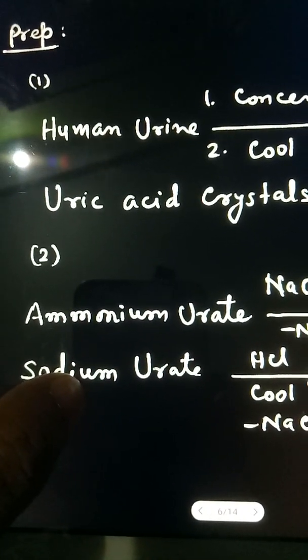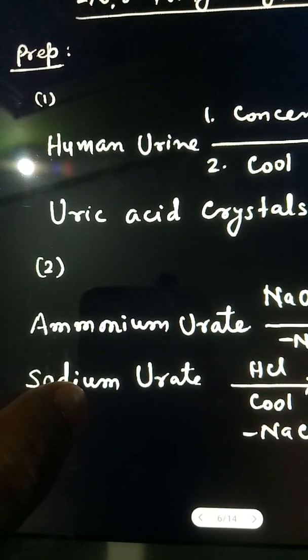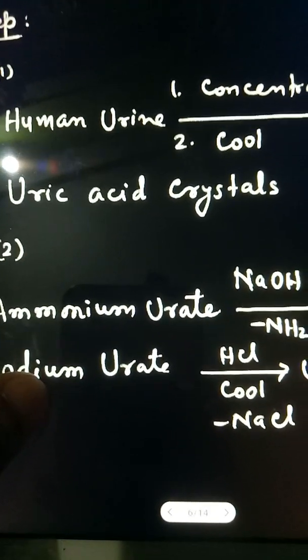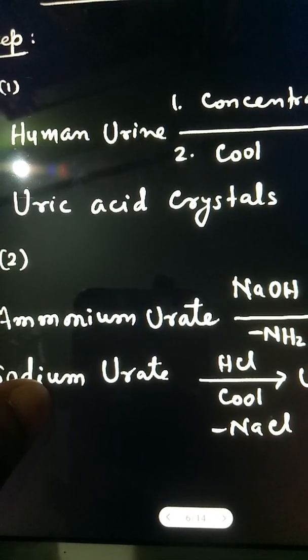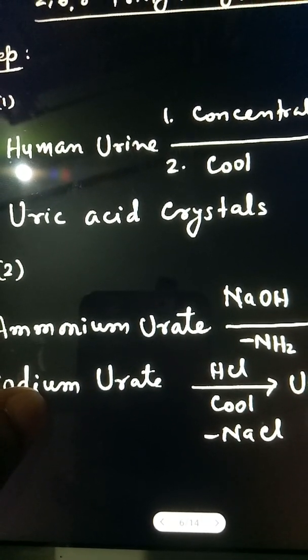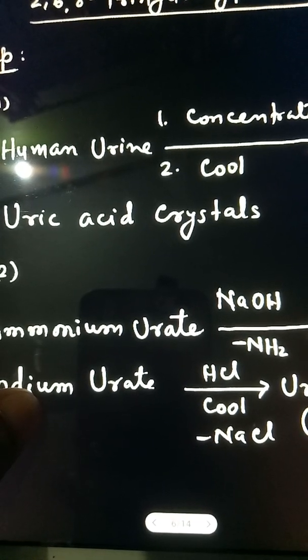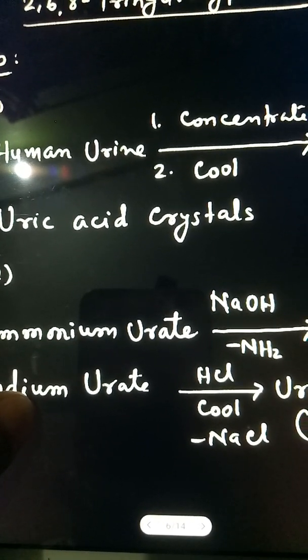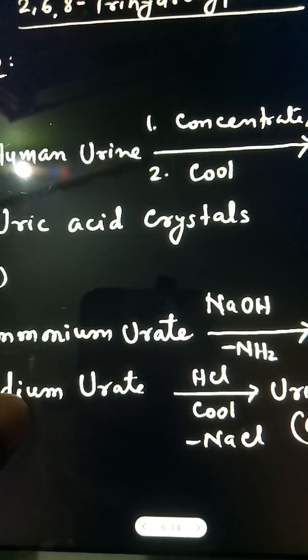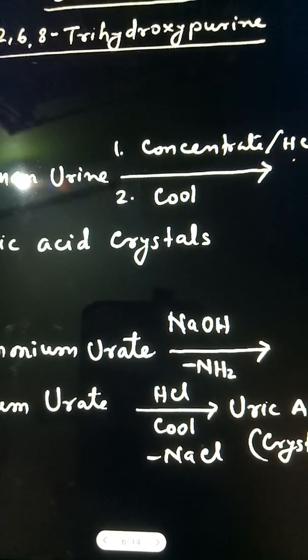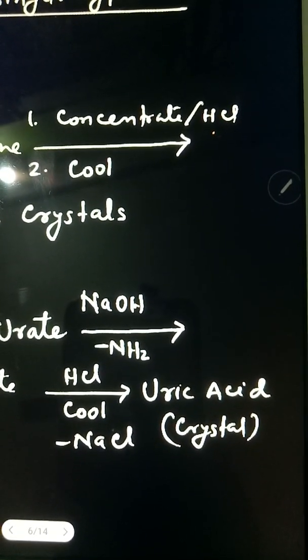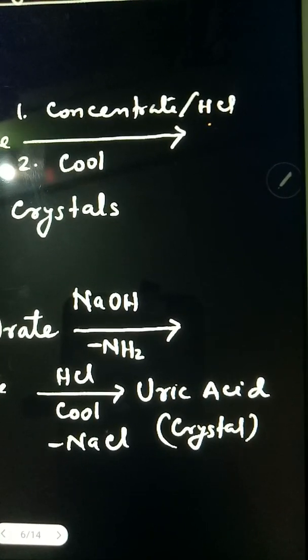Another method of isolation is from guano. Guano contains ammonium urate, react with sodium hydroxide, sodium urate is obtained, and on treatment with hydrochloric acid and cooling, uric acid crystal is obtained.